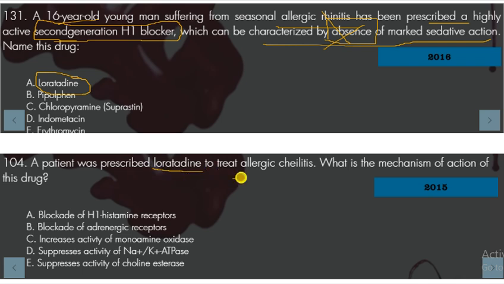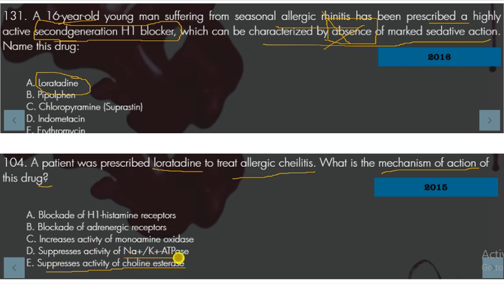A patient is prescribed loratadine to treat allergic cheilitis. What is the mechanism of action of this drug? Suppress activity of cholinesterase? No. Cholinesterase can be inactivated by neostigmine, physostigmine, and irreversible suppression of cholinesterase by organic phosphates.